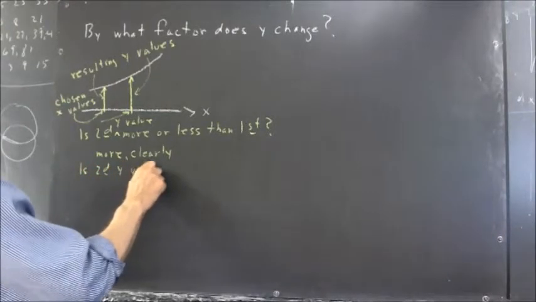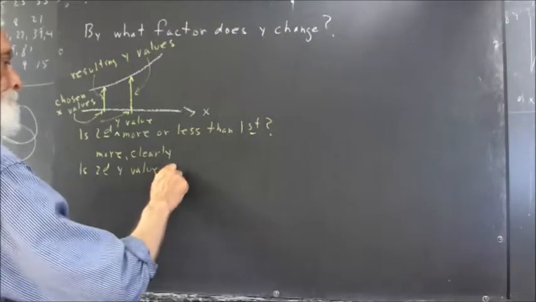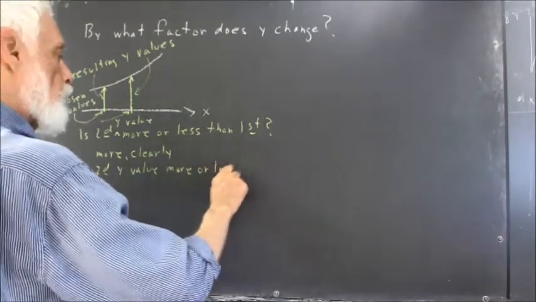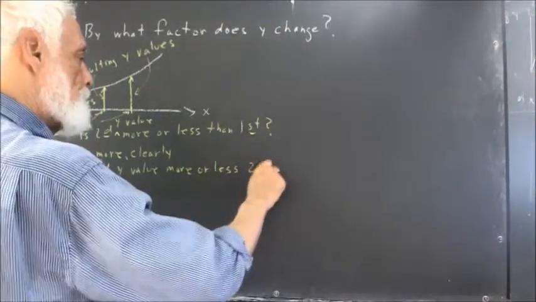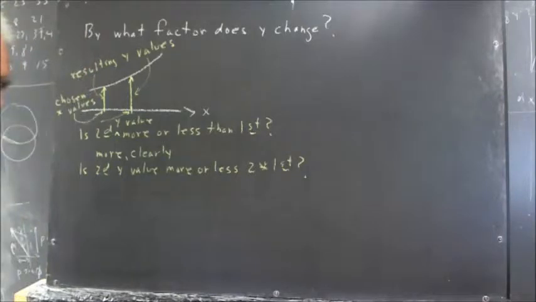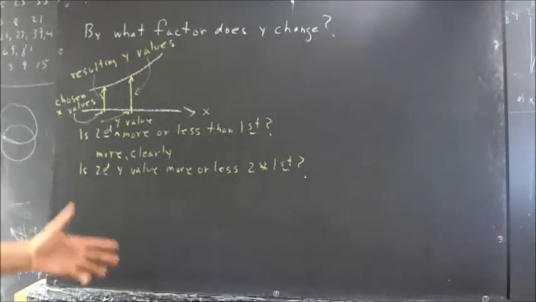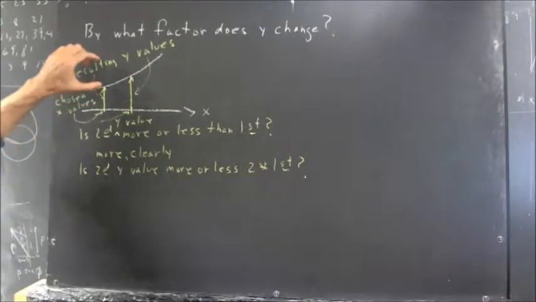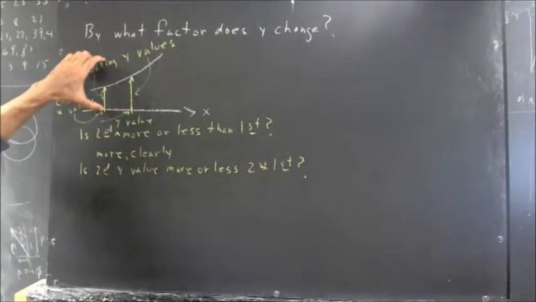Is the second y value more or less than 2 times the first? Okay, now what do you think? Stop and think about that. Well, okay, here's the first y value. Twice the first y value would be this and this, so it would have to be this big.